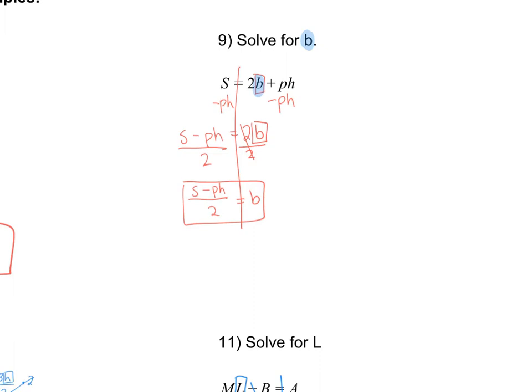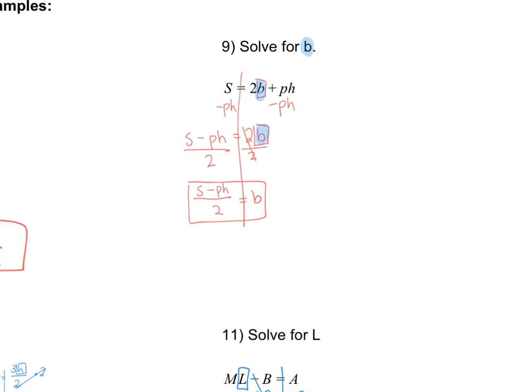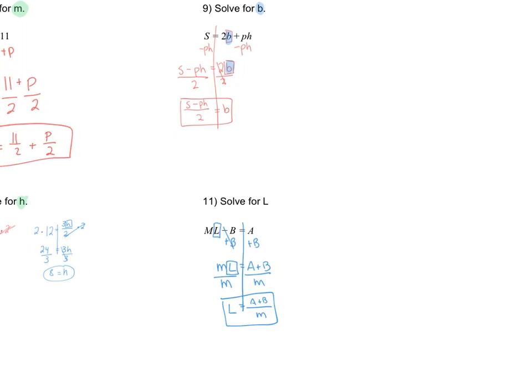Remember, when you are solving an equation, you want to do opposite of order of operations. So you want to add and subtract first. So I move that over. And then I'm still trying to solve for b, so I still got to get that b by itself. So I divided both sides by 2 as my last step. And my final answer was b equals s minus pH over 2. So that is number 9.